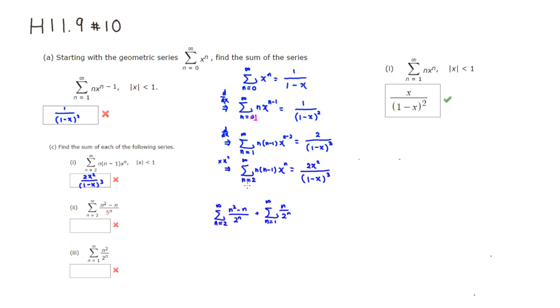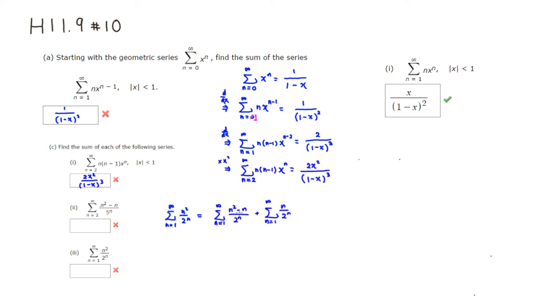So I'm going to go back and put 1 in there just to be consistent with the problem here. All right. So summation, n goes from 1 to infinity, n squared over 2 to the n is equal to the combination of those two.